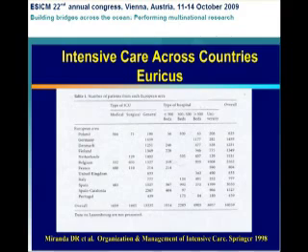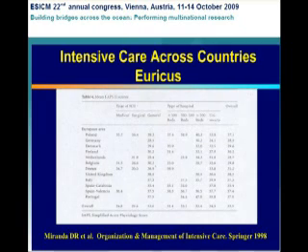And if you look at the EURICUS study, just making some general comments, here we have the number of patients in the various European countries, and you can see the numbers of patients.